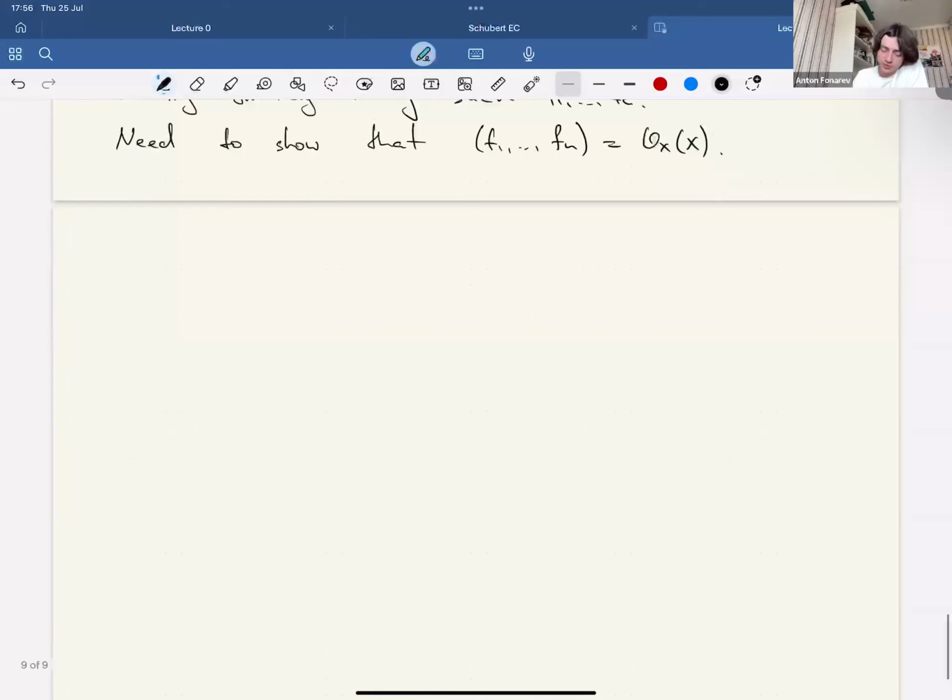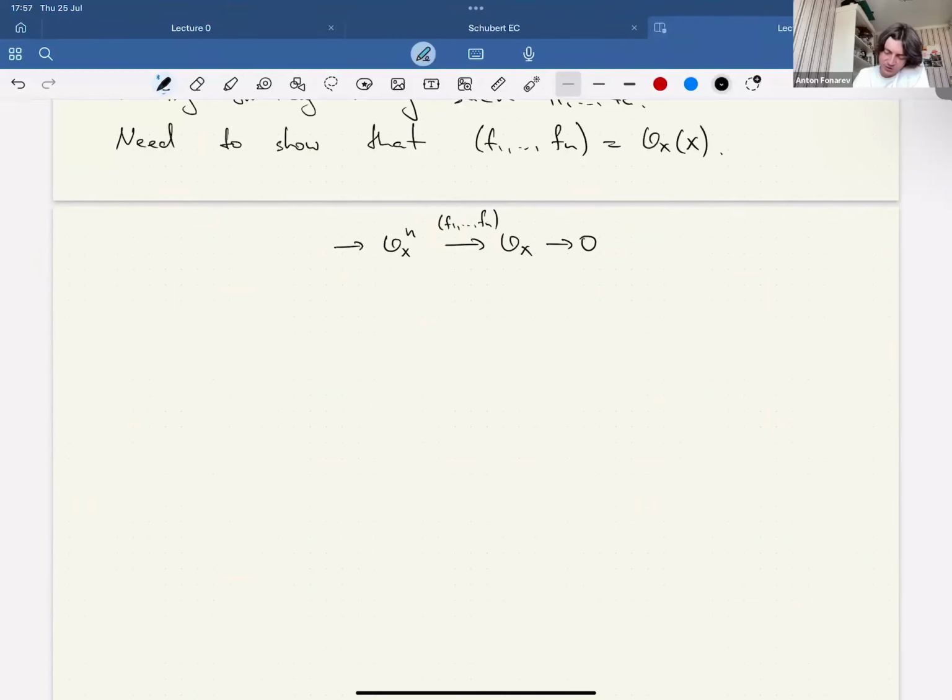But what do we have so far? We know that we have a covering. If we have a covering, it means that we have the associated surjective map of sheaves from O_X to the n-th power to O_X. This is given just by multiplication by f_1, ..., f_n.